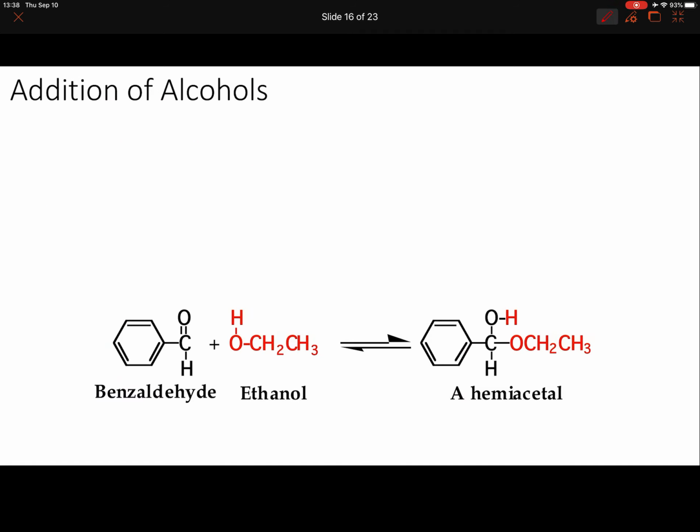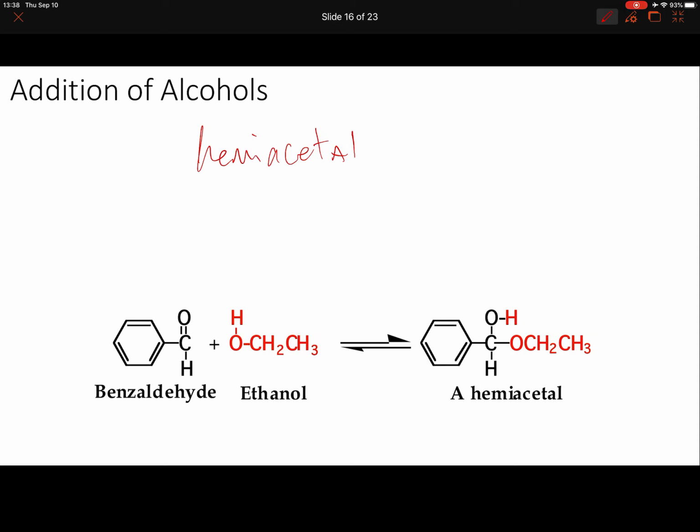We'll get there. Let's talk about the addition of alcohols. The addition of a molecule of alcohol to the carbonyl group of an aldehyde or ketone forms something that we call a hemiacetal, or a half acetal, and I'll show you what an acetal looks like also. The functional group of a hemiacetal is a carbon that's bonded to one hydroxyl group and one alkoxy group.